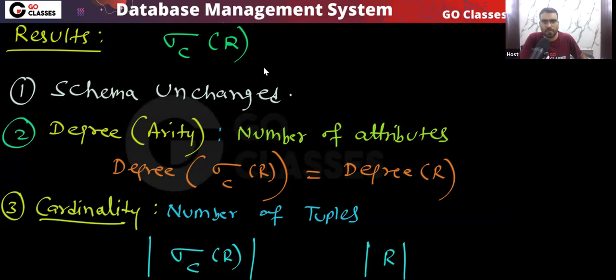The result cardinality will be less than or equal to the cardinality of R. Can it be more than that? No, this is not possible, because some tuples we can remove, but we are not adding any tuples. So the cardinality of the result will be less than or equal to the cardinality of R.